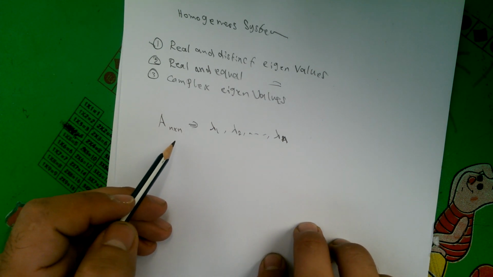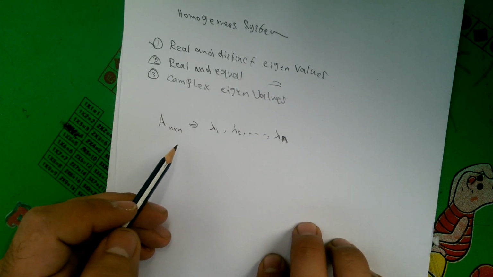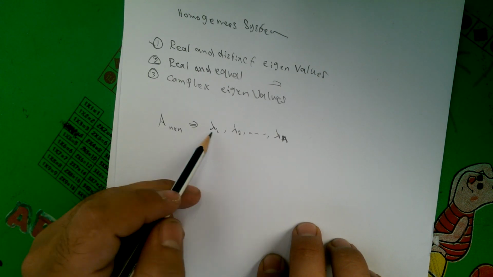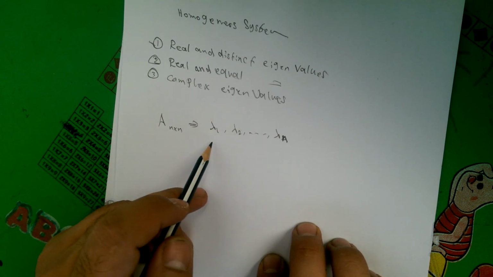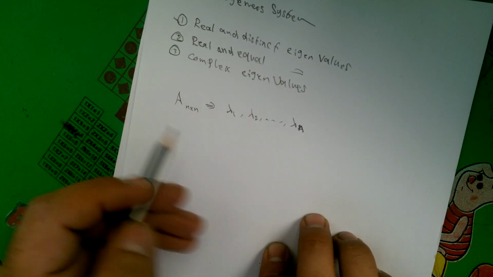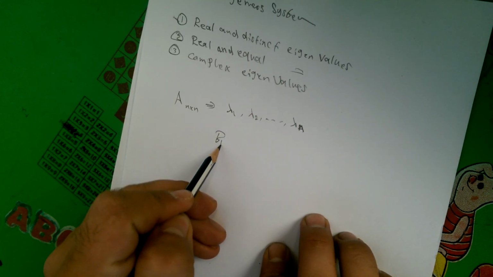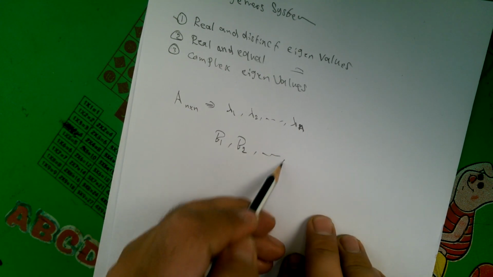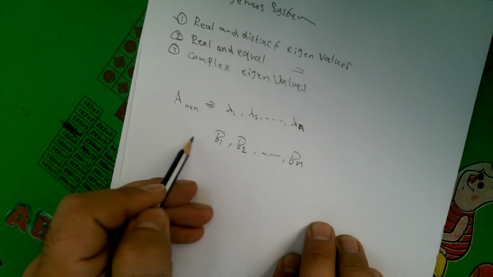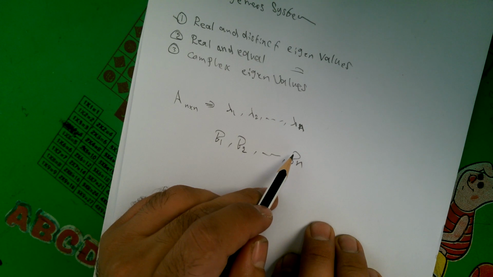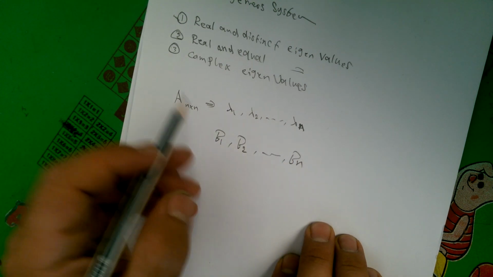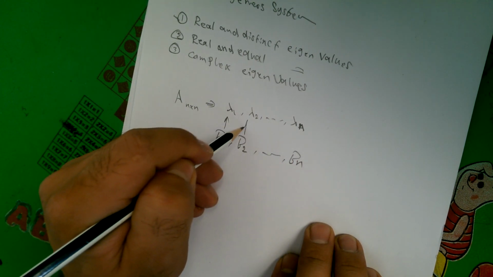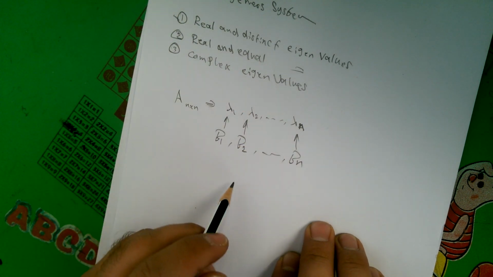All we need to do is find the eigenvectors associated with the eigenvalues respectively. Let's say beta 1, beta 2 till beta n, they are the eigenvectors associated with the eigenvalues respectively.